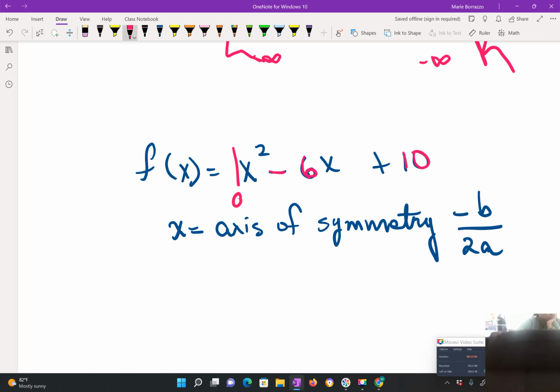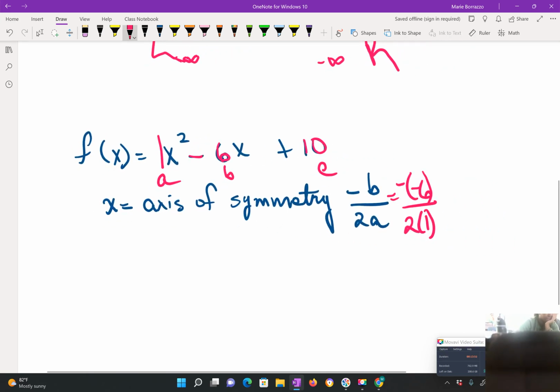So that's a, that's b, and that's c. According to this, it's the negative of negative 6 divided by 2 times 1. So double negative, that becomes simply 3, which we factored out anyway.